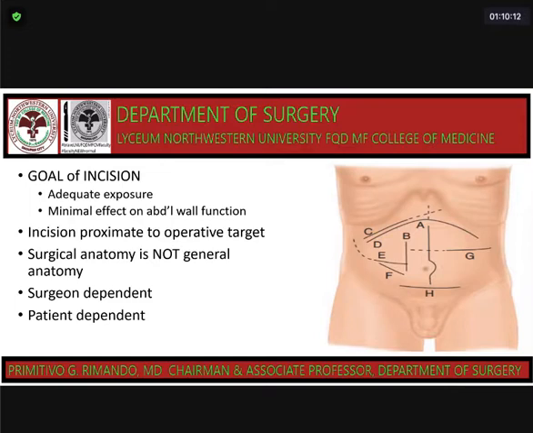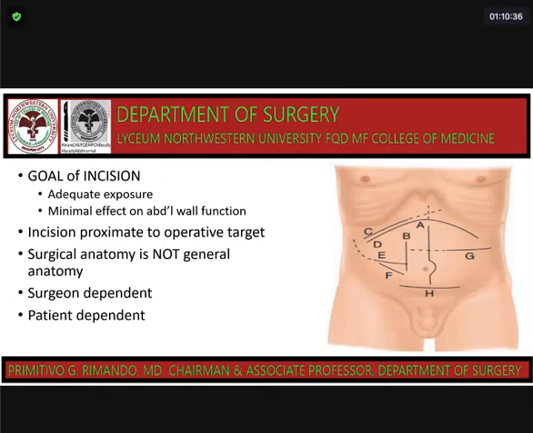Before, their mantra is never compromise exposure. Never compromise exposure. So that means before, if they're going to operate, it's going to be a very large horizontal incision. Can you imagine that?